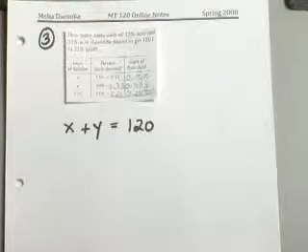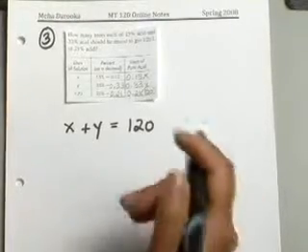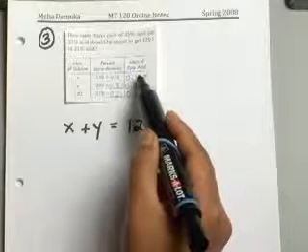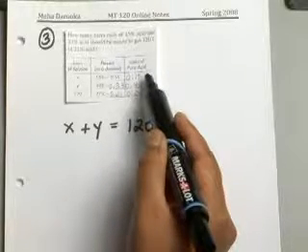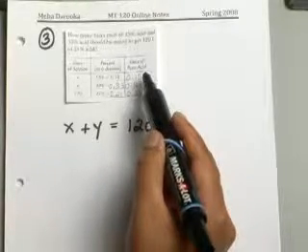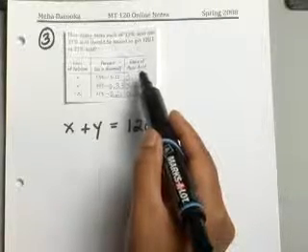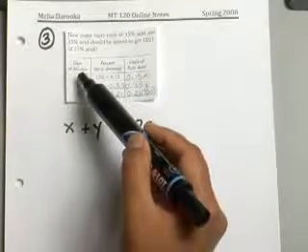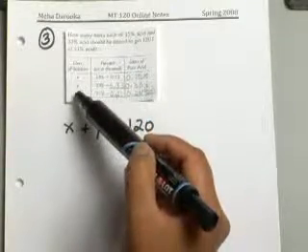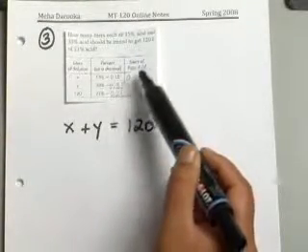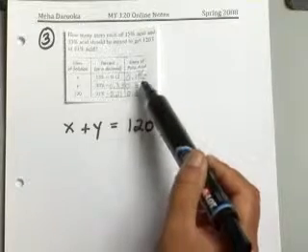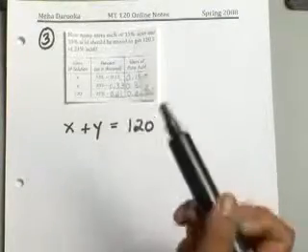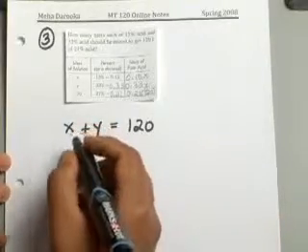For your second equation, what you have to do is look at this last column here, where we multiplied the concentration with how much volume of that acid we have, or we need rather. So in this case, to come up with your second equation, just like we added X plus Y to give us 120, you will go ahead and add the 0.15X with 0.33Y, and that will give you the 21% of your 120 liters acid.